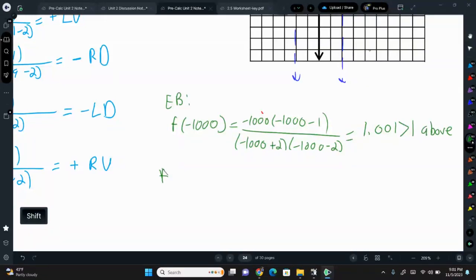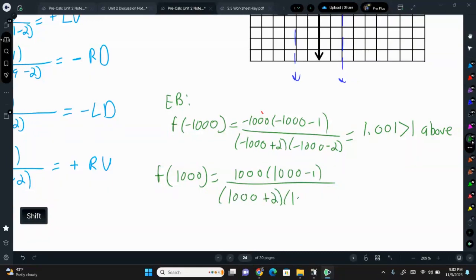And then f of 1,000 is 1,000 times 1,000 minus 1 over 1,000 plus 2 times 1,000 minus 2, which is 0.99, which is less than 1, so below. So we should be below the asymptote on the right side and above the horizontal asymptote on the left side.